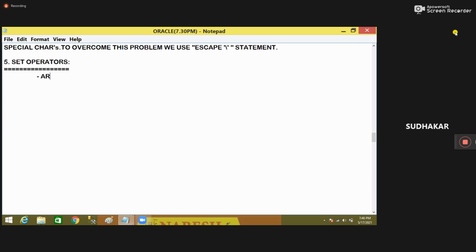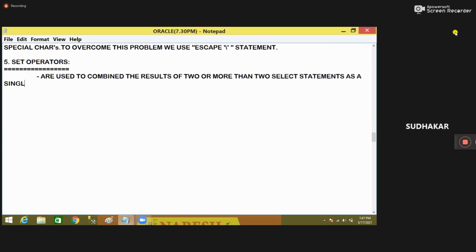Set operators are used to combine the results of two or more than two select statements, as a single set of values.